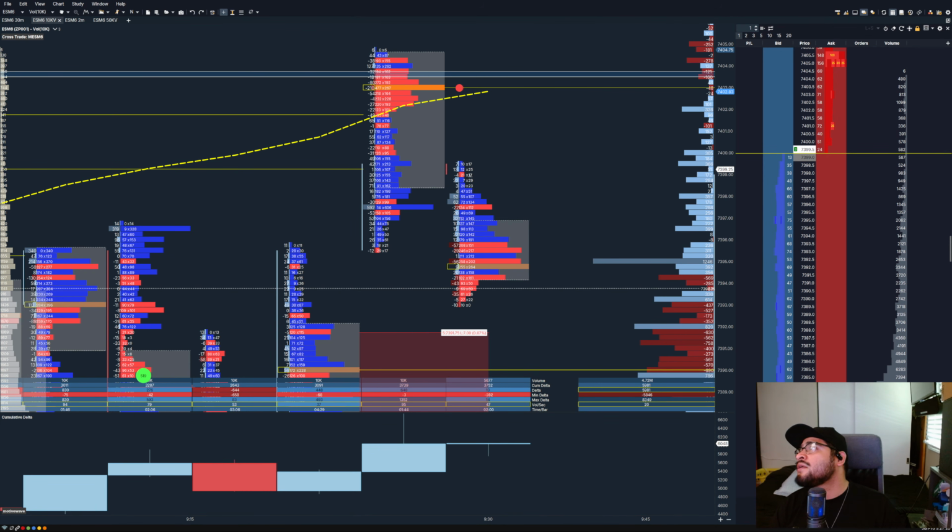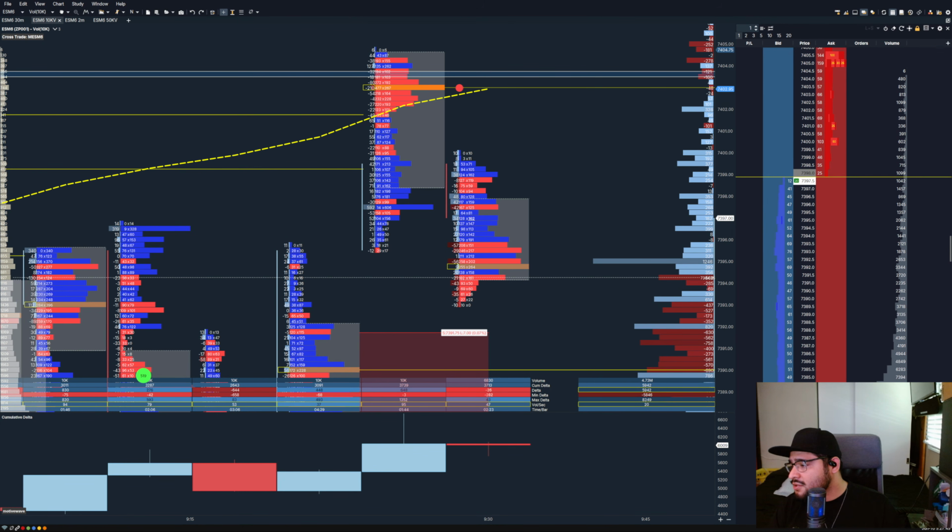But we'll see what happens there. Cumulative delta wise, we're still positive for today, for the session and for today.